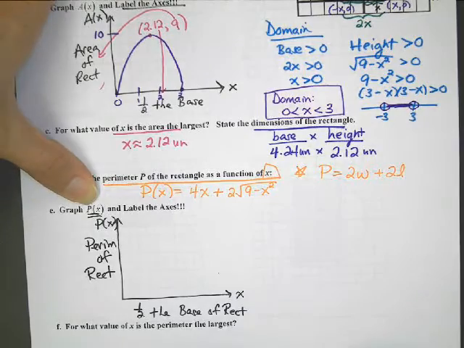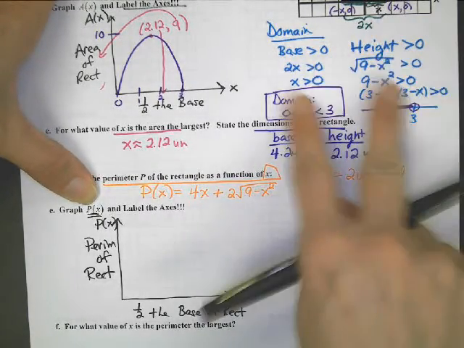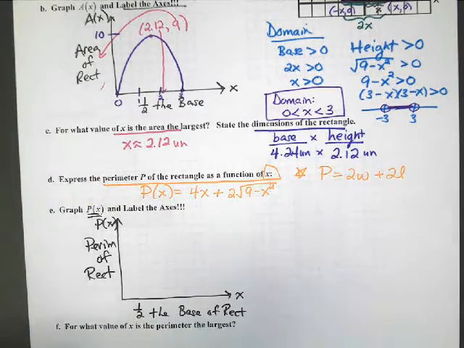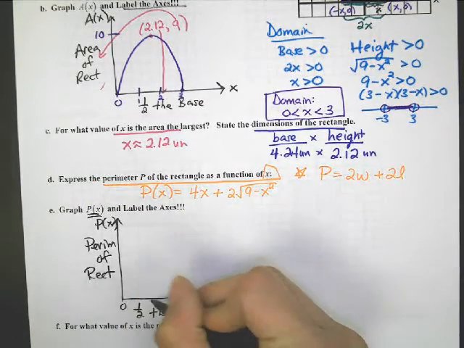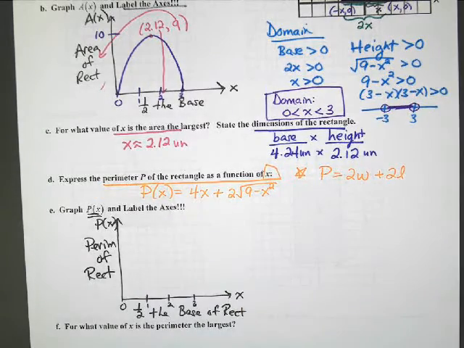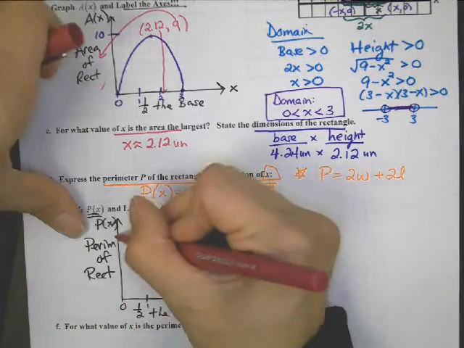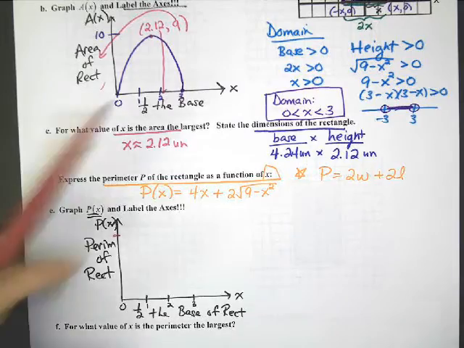How about the domain? Is the domain changing? Is the base and the height of this rectangle? Everything's still the same. So the x values are still going to be 0, 1, 2, 3. Okay. And we're going to use our calculator to figure out the maximum value here, the maximum y value.